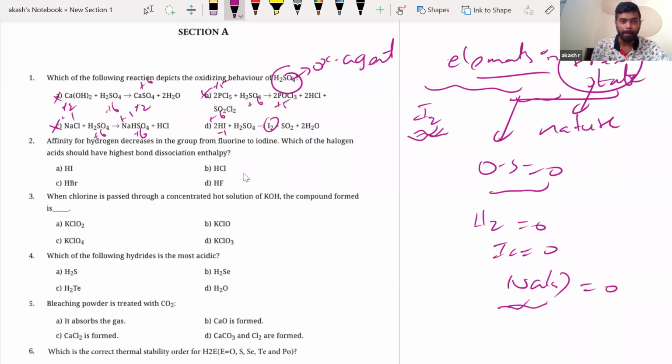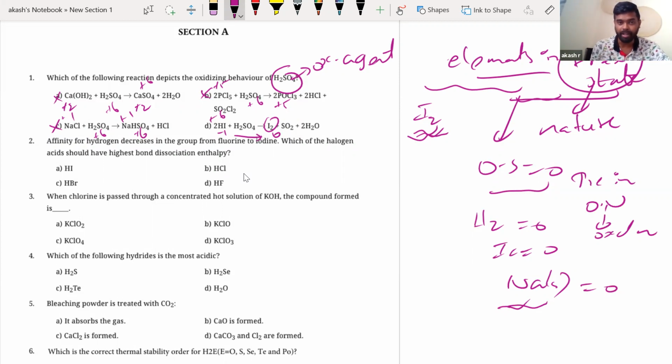So in this case, you see -1 is becoming 0. -1 in the reactant side for iodine is becoming 0, right? So definitely what is happening? Increase in oxidation number. Increase in oxidation number is oxidation. Same way, decrease in oxidation number is reduction. So -1 to 0, iodine is getting oxidized.